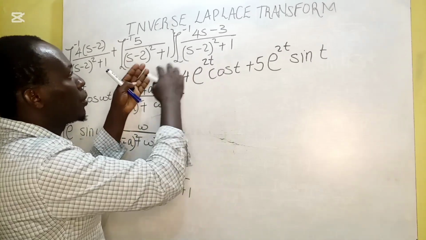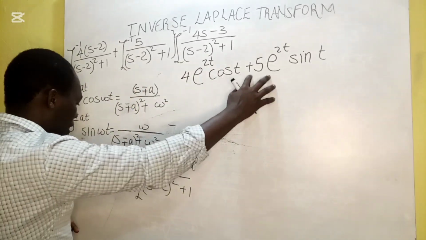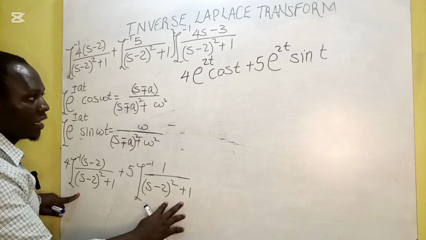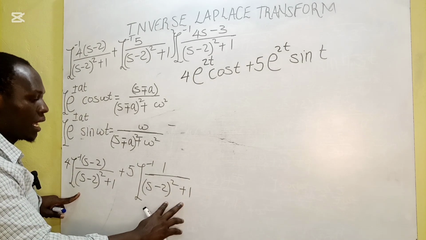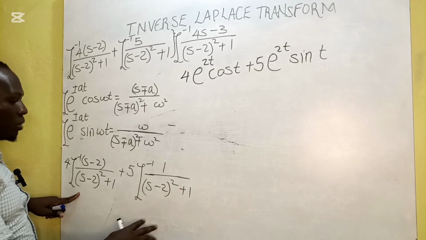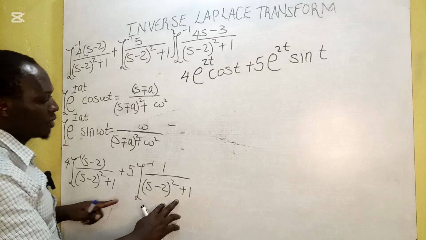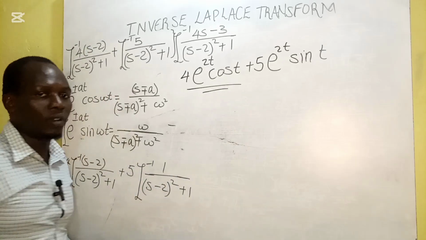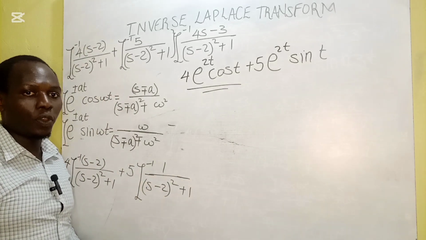And that is how you relate whatever we are having here and its inverse Laplace transform, to mean that the inverse Laplace transform of this function is equals to whatever we are having here.